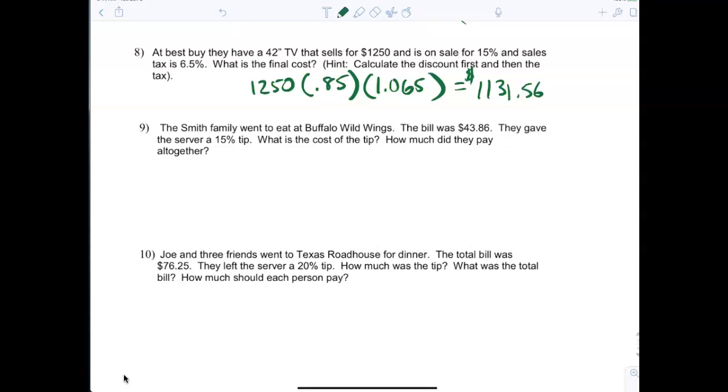They gave a server 15% tip. What was the cost of the tip? What do I have to do? 43.86 divided or times 20. Yes. No. Yes, because that's the tip. We want to know how much the tip was.